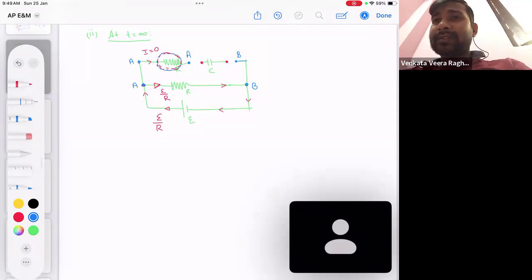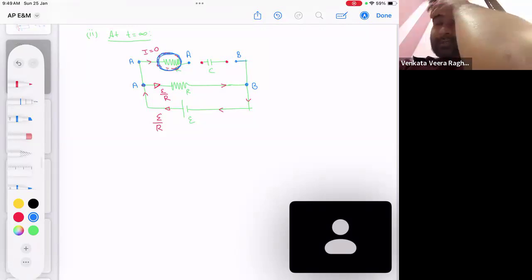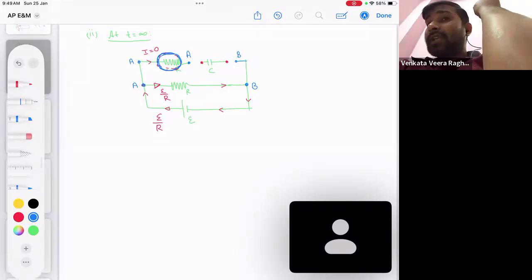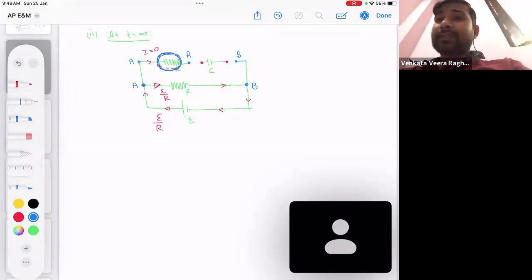At t equal to infinity, the upper branch resistance, does it have any current in that? No. And if there is no current in the resistance, then we can say that the potential difference across that resistor is 0. So whatever is VA minus VB, this point is connected with this red point. Look at these 2 points.